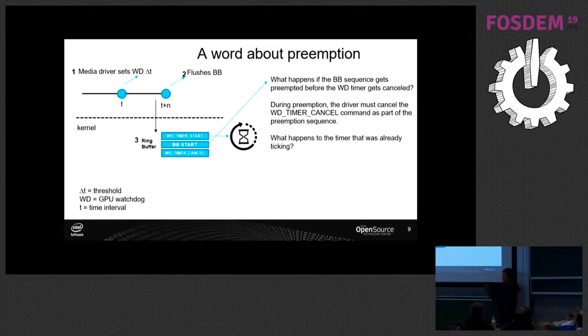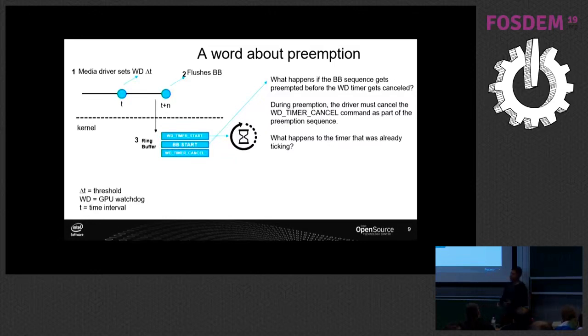Then when we go to that other new process that got us into the preemptive state, that other process will have the watchdog enabled, which is not what we meant, right? So I think what we're trying to do now is that the driver itself must cancel the timer during the preemption sequence.